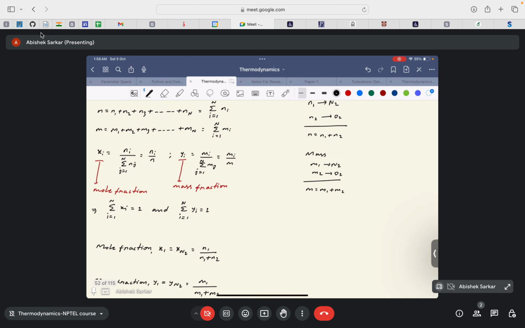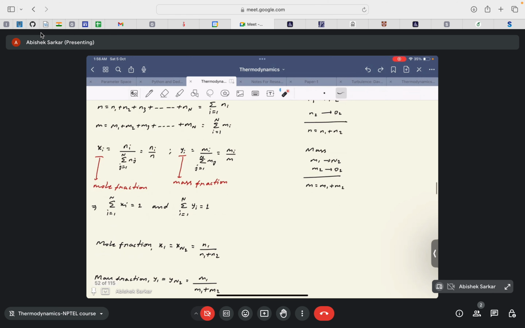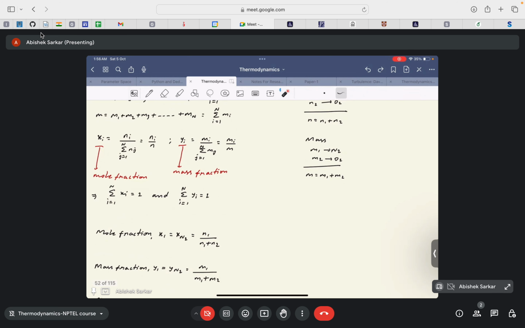Now we define two very important properties of these types of mixtures of gases. First is the mole fraction, and second is the mass fraction. Mole fraction is basically the ratio of the number of moles of a particular type of gas to the total number of moles of gases in the mixture.